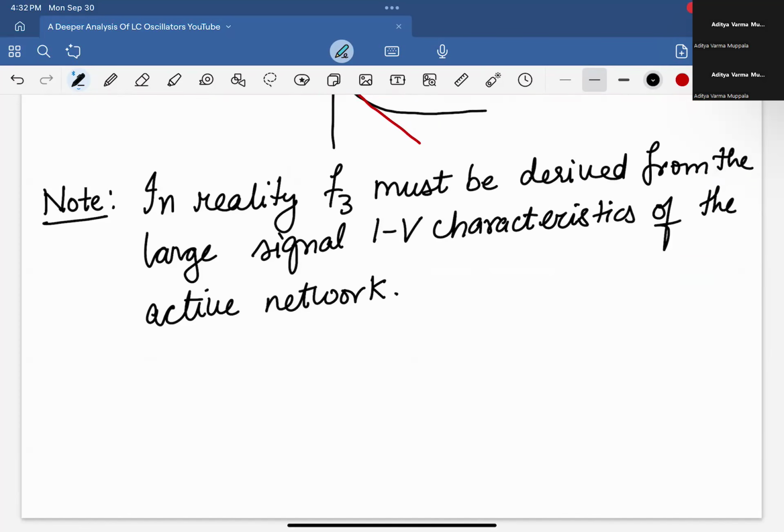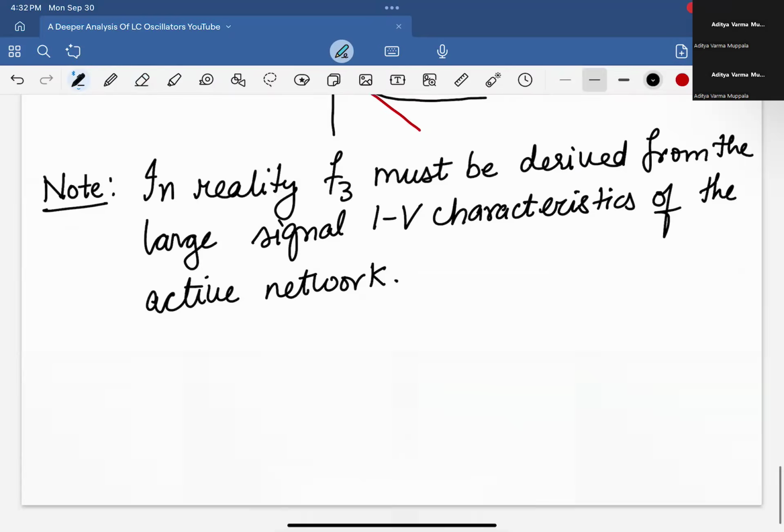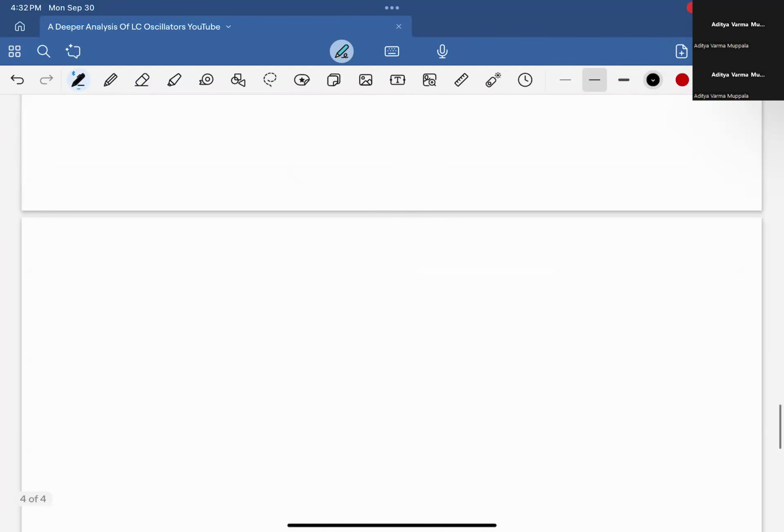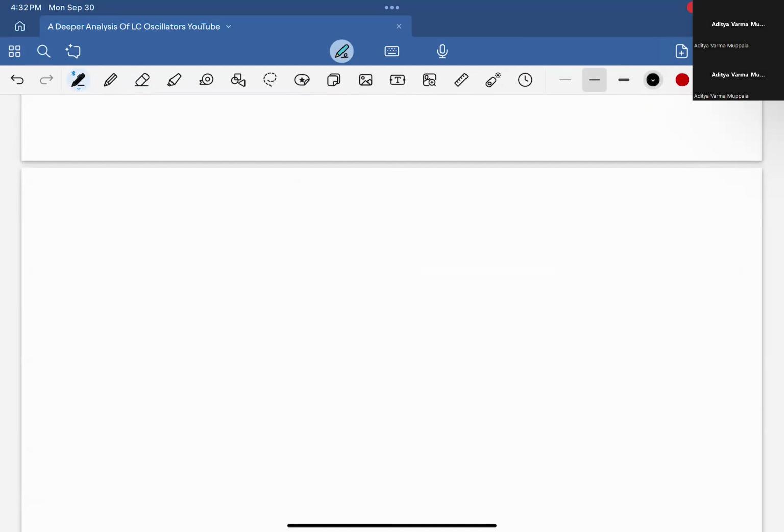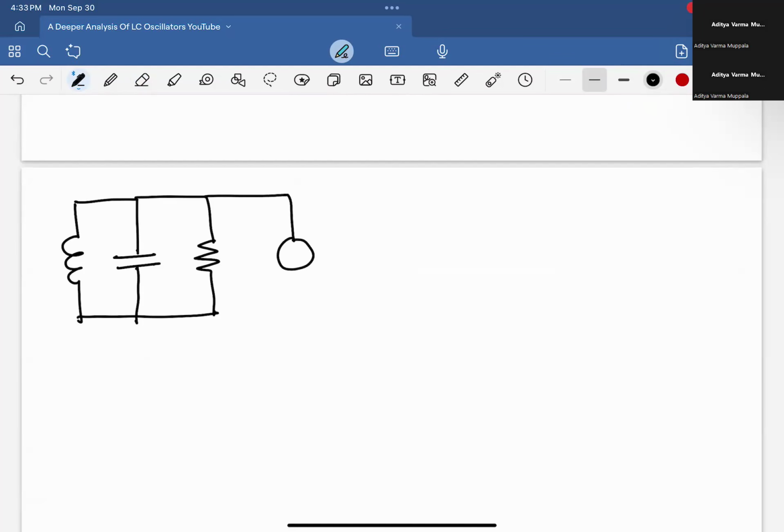So let's say I go back and, let's do it on a new page. Okay, so I'll say I have my RLC. Now I have the voltage controlled current source.